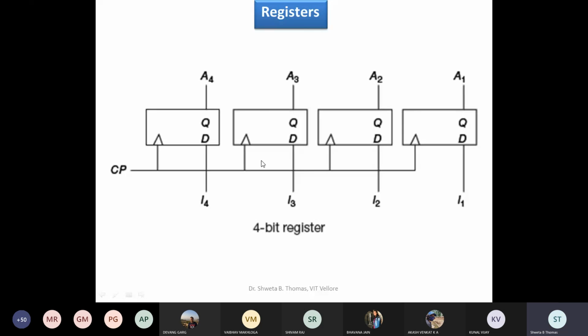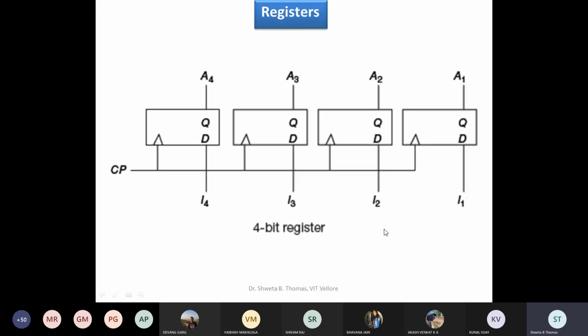How to give the clock input and how to give the input value, these things are already known to you. You already implemented this, so I'm asking you to implement this register. The output plot for A1, A2, A3 you can give separately. I'm not asking you to combine all the outputs.